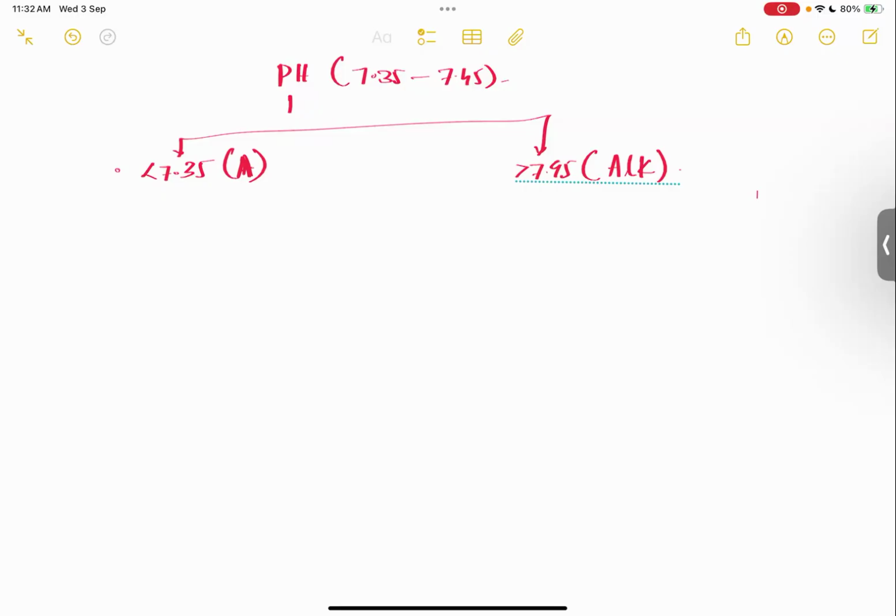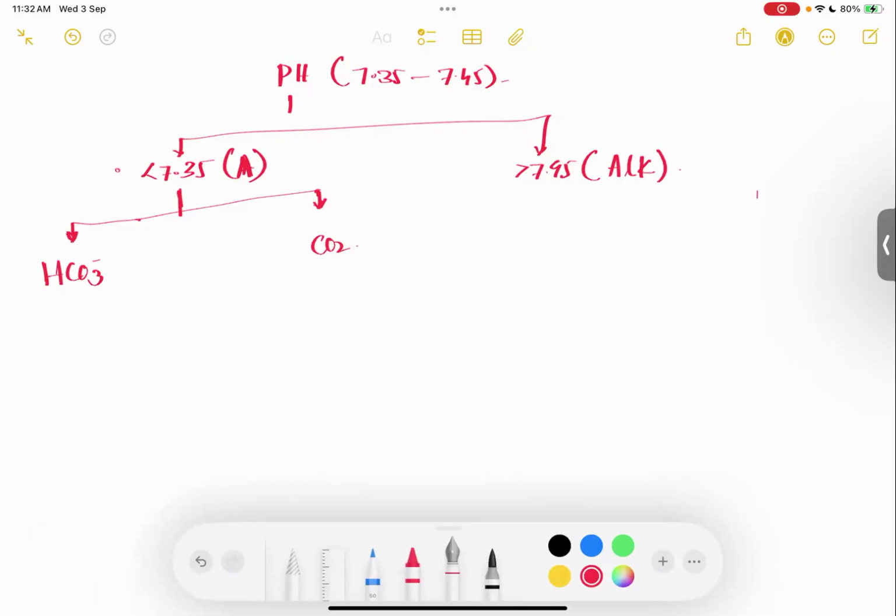The easiest way to understand this is very simple. You don't need to complicate it for yourself. By this simple, easy concept, you will get all the questions. You will look into the bicarbonate and carbon dioxide. Carbon dioxide is acidic, right?